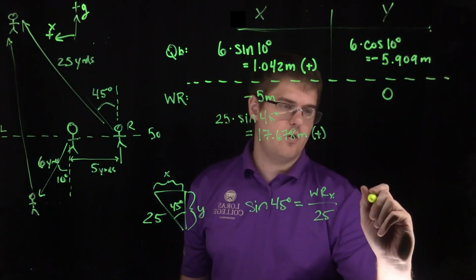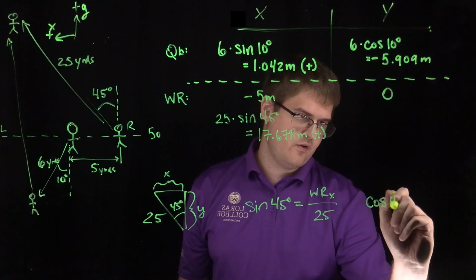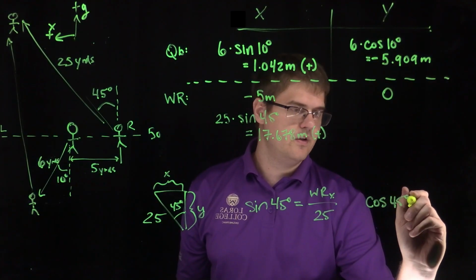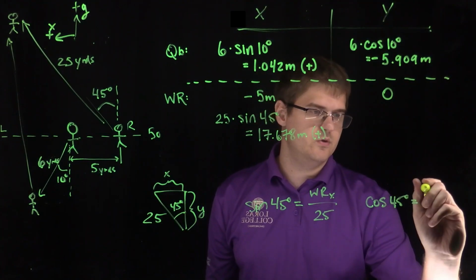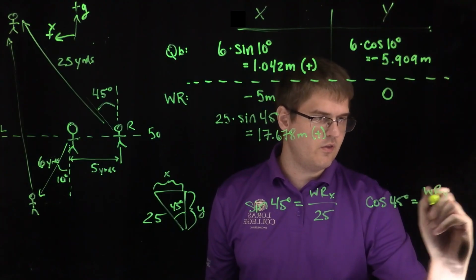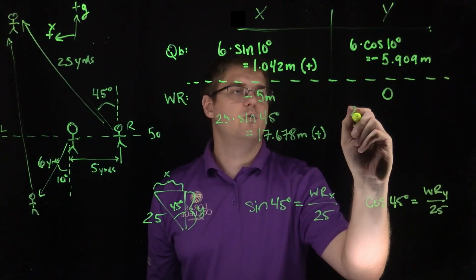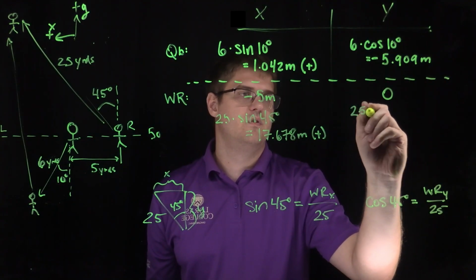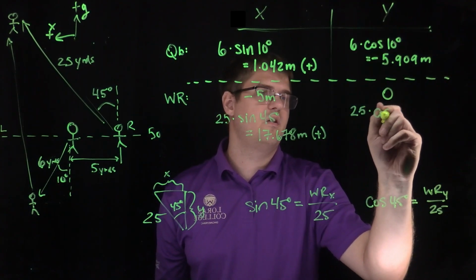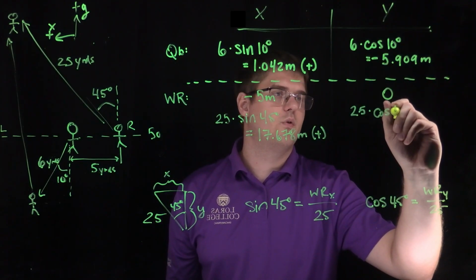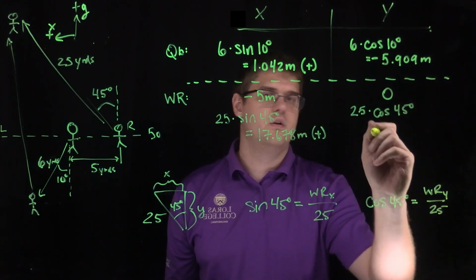And then we have cosine of 45 degrees is going to be equal to wide receiver in the y divided by 25. We get 25 times cosine of 45 degrees.